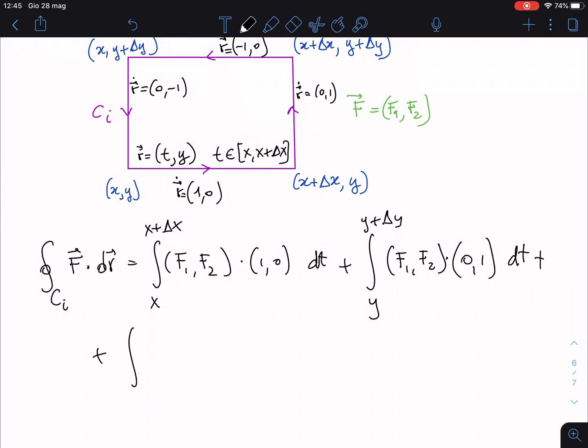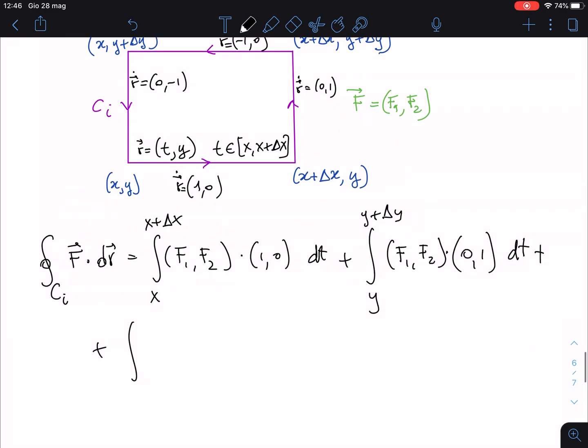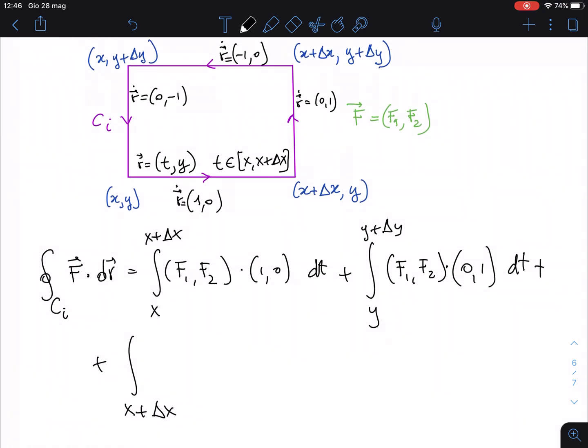Plus, this time you go from x plus delta x down to x, and here you have (F1, F2) times (-1, 0).